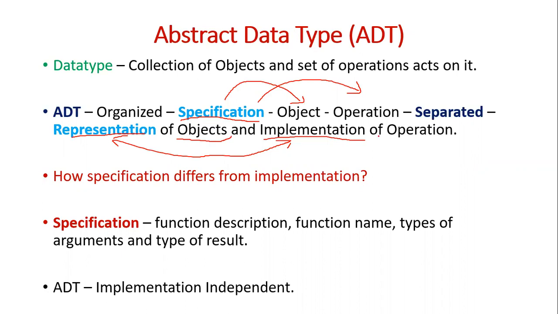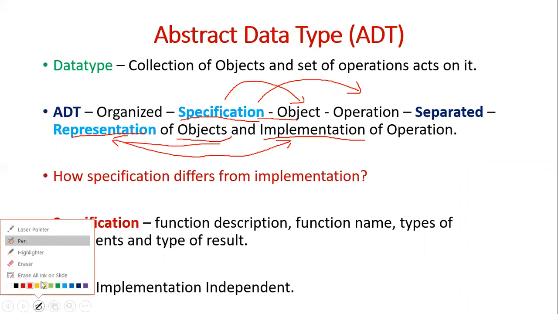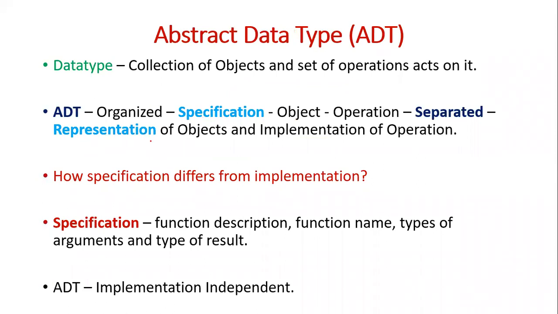So the point is, an abstract data type is the one which separates the specification from the representation or implementation. That is what, in short, you should understand.